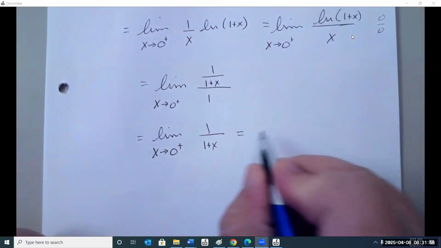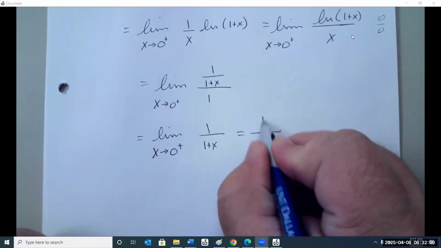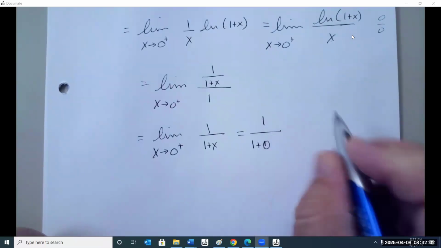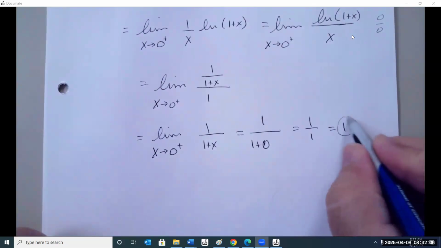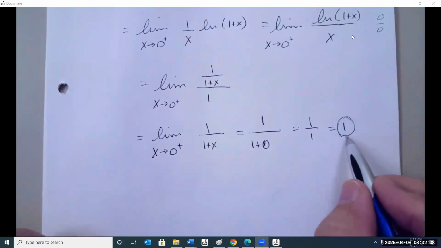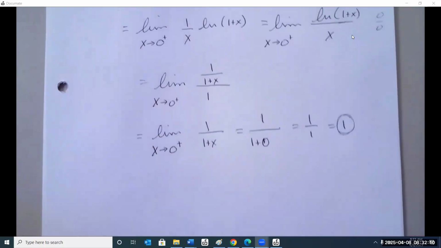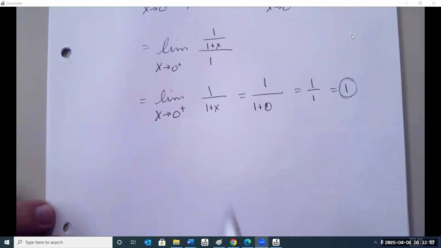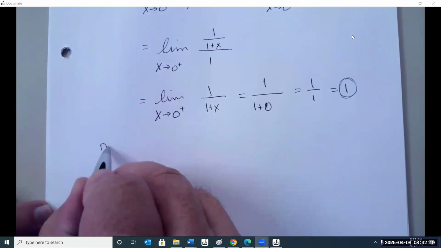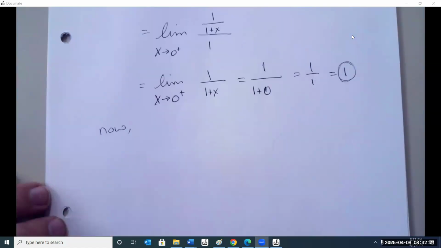When x goes to 0, we got 1 over 1, which is 1. So now, where does this 1 go to? Now we use our equation.